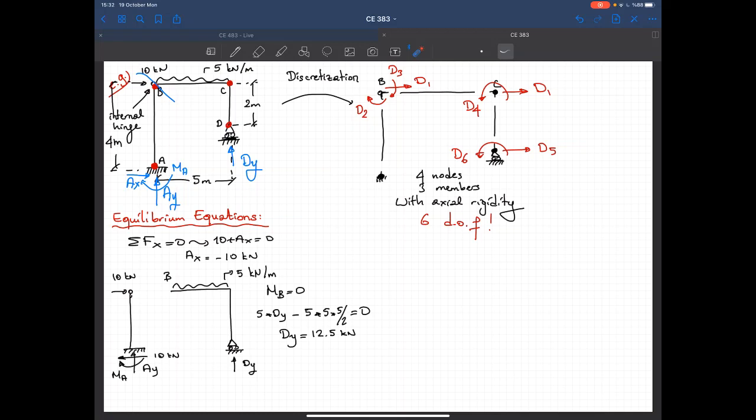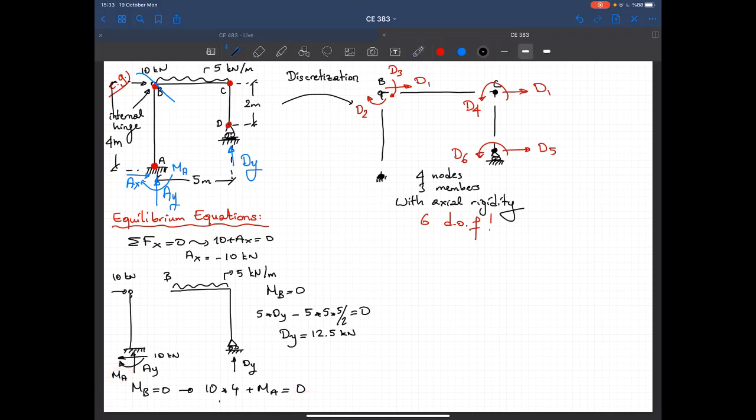And from that equation I obtain DY as equal to 12.5 kilonewtons. And then I'm looking at this free body diagram right now, and I know that moment at B is equal to 0. So from that equation, 10 times 4 plus MA should be equal to 0. So what I did here is I'm taking moment with respect to that point. I have a moment due to 10 in this direction plus MA should be equal to 0.